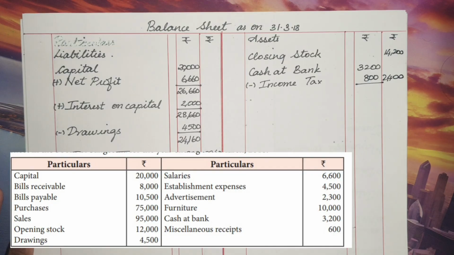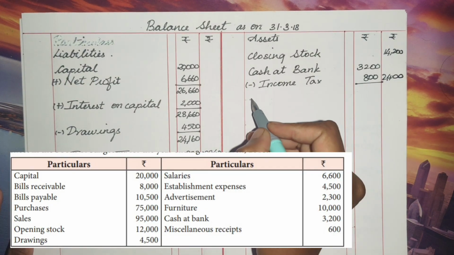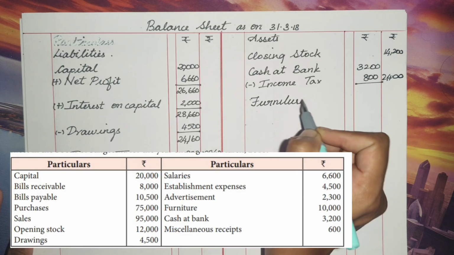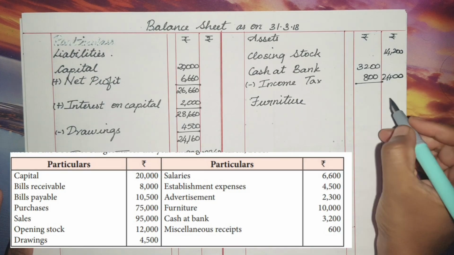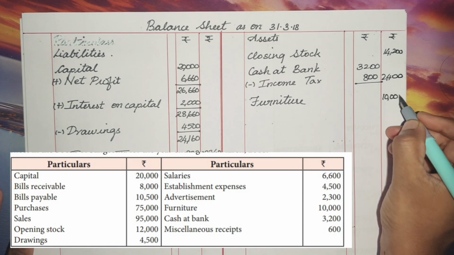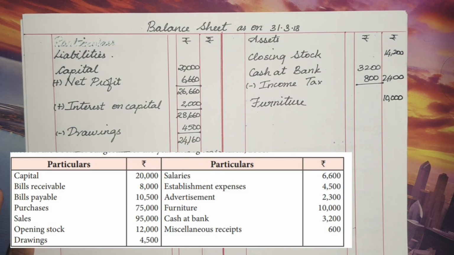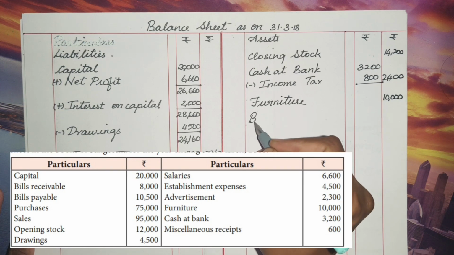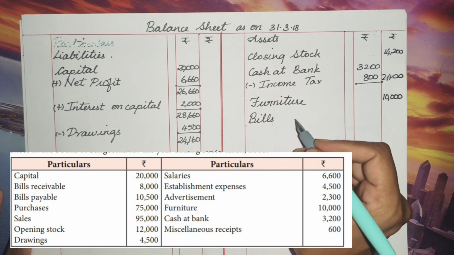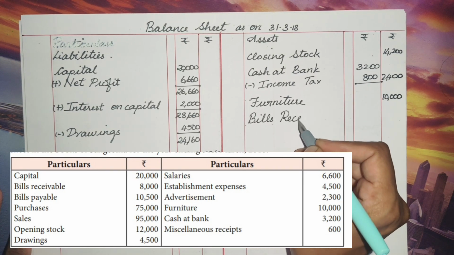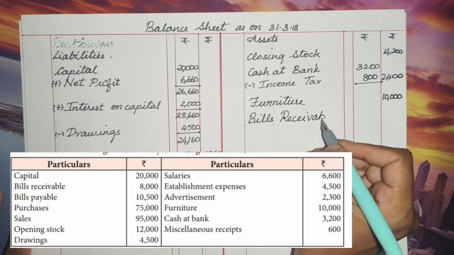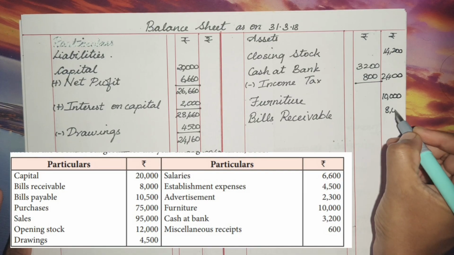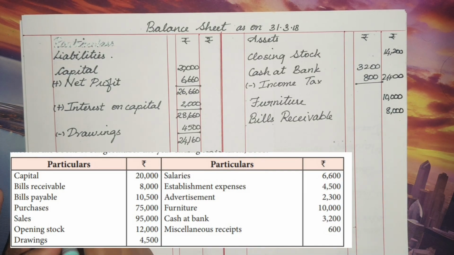Next, moving on into the non-adjusting items given in the problem, which is furniture, and put the amount in the outer column, rupees 10,000. And next we move to the next item, which is bills receivable, which is rupees 8,000.